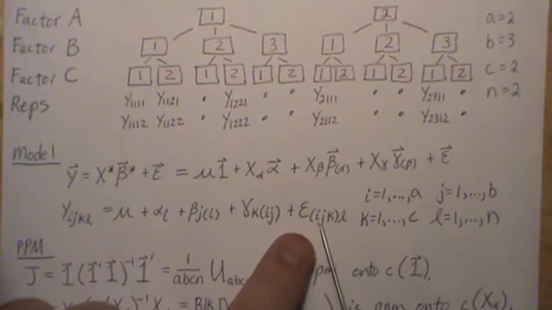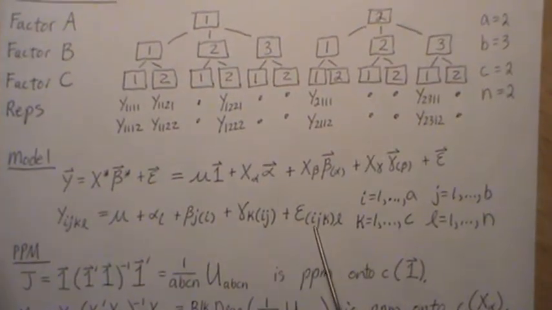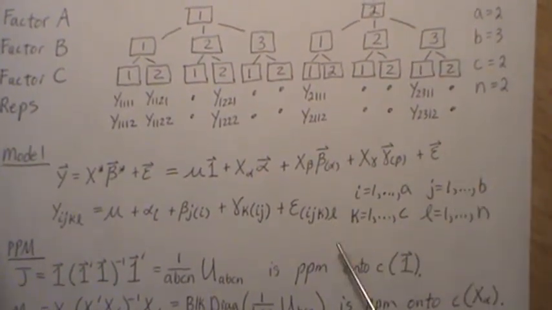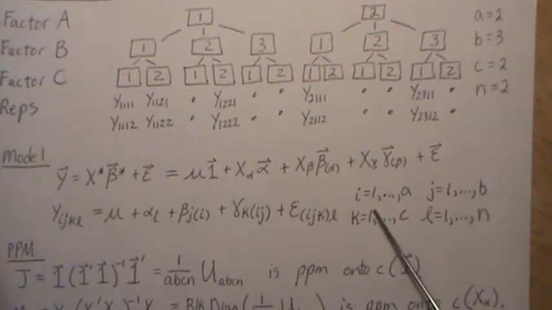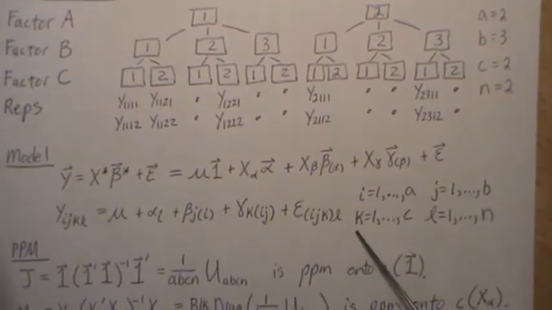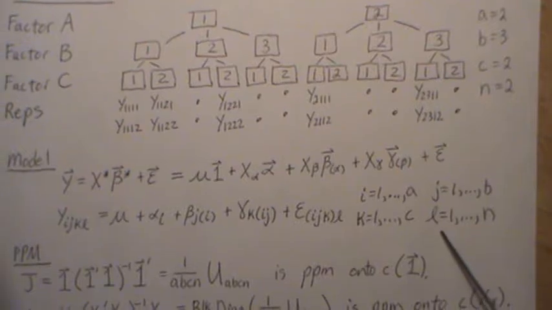And the error term you think of as nested within all 3 levels. And i is 1 to A, j is 1 to B, k is 1 to C, l is 1 to N.